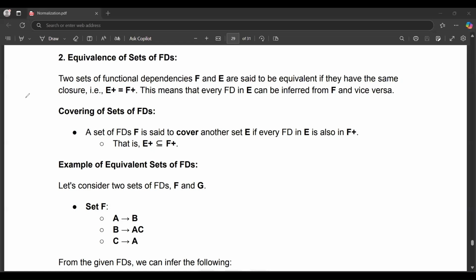So, equivalence of sets of FDs. What do you think about equivalence? Why can't we say equal instead of equivalence? Well, equivalence doesn't mean they are exactly equal. Whenever we are speaking about FDs, if they say F is equivalent to E, you can't say F is equal to E. This has a separate meaning and this has a separate meaning.